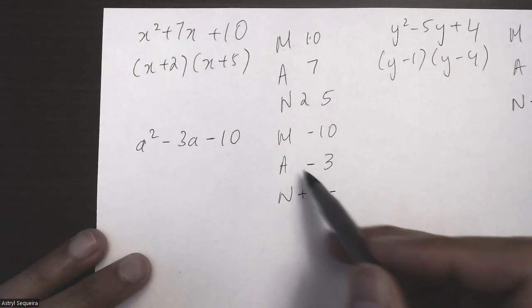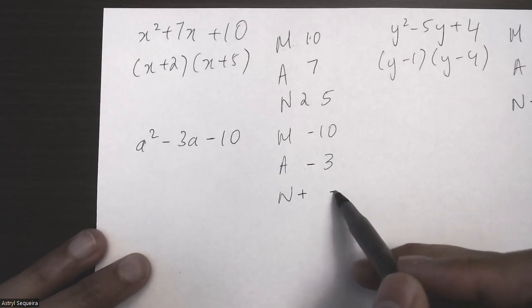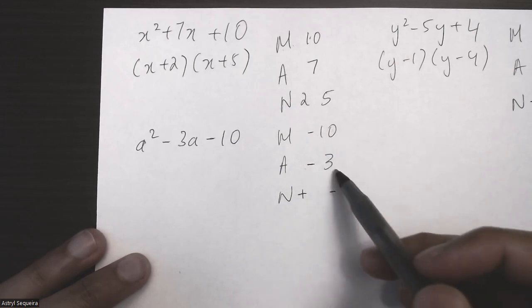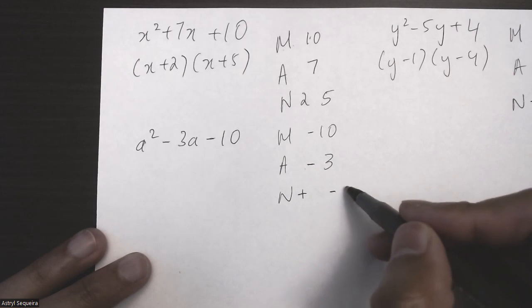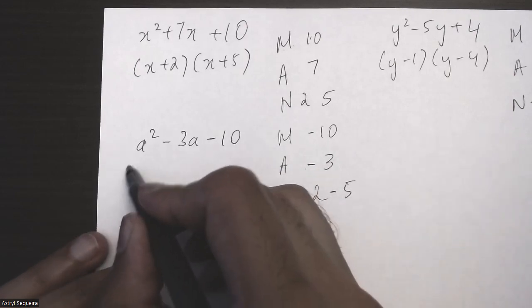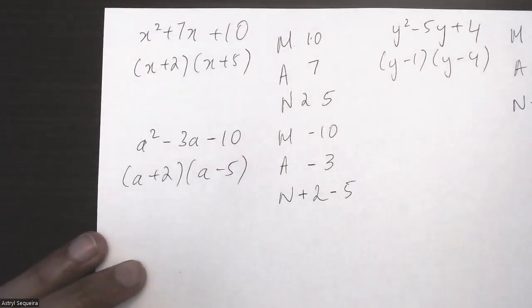Now, if my addition is negative, it means that the bigger number has to be negative. So think of two numbers that multiply to 10, 5 times 2. And since my addition is negative, the bigger number has to be negative. So it's negative 5 and positive 2. So my solution is a plus 2 times a minus 5.